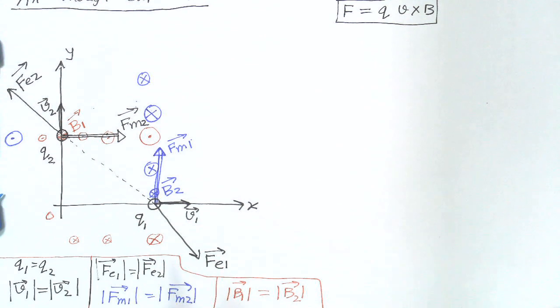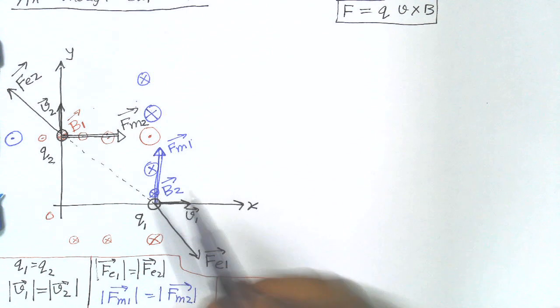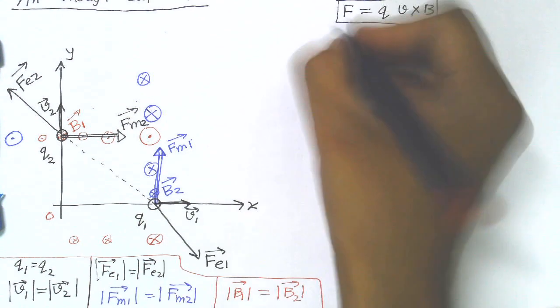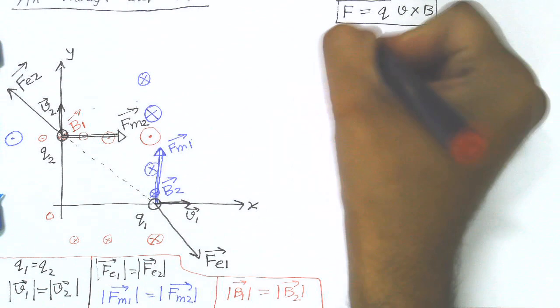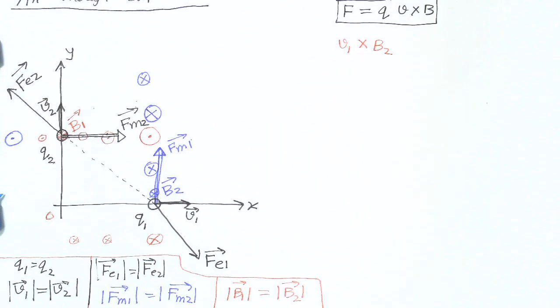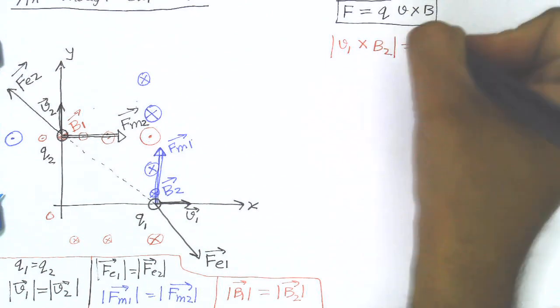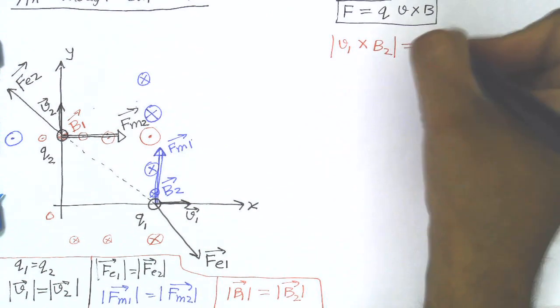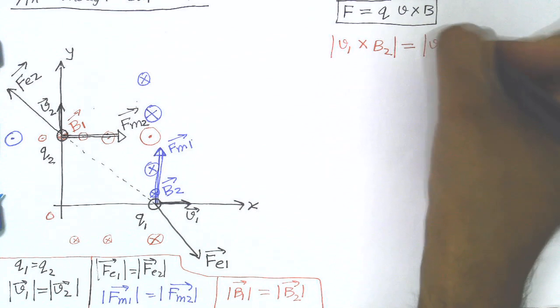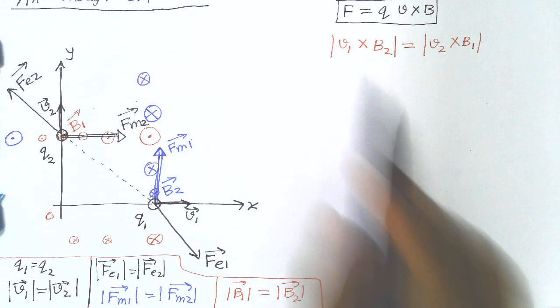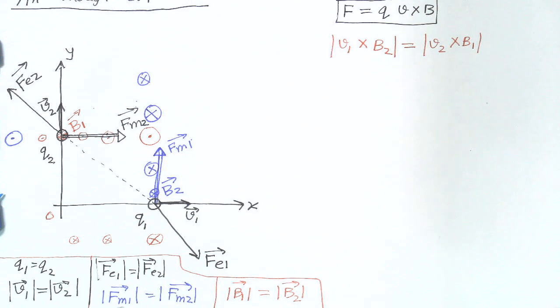And therefore the cross product V1 cross B2 should also be the same in magnitude as V2 cross B1. So therefore Fm1 and Fm2 should also be the same.